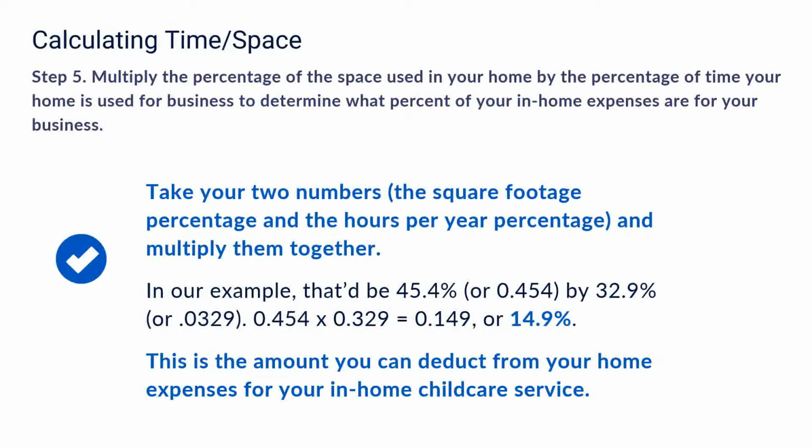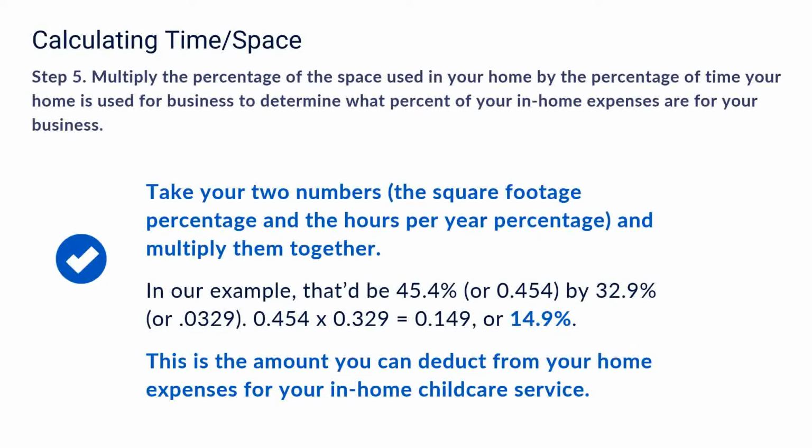So again, for an example, let's say you've added up your mortgage and your property taxes and your utilities for the year, and that totals $20,000.